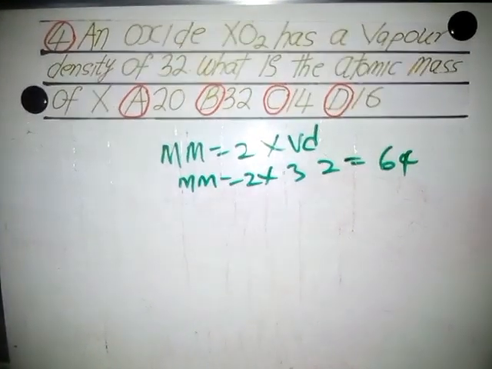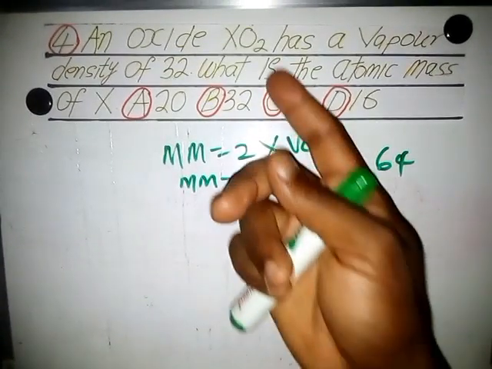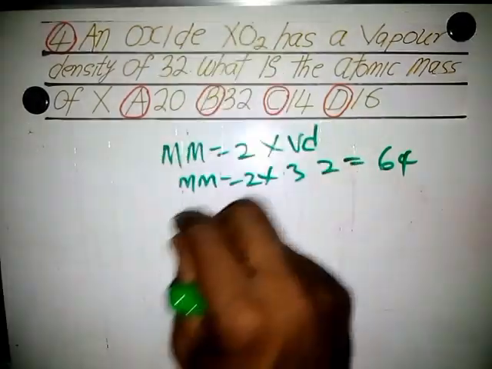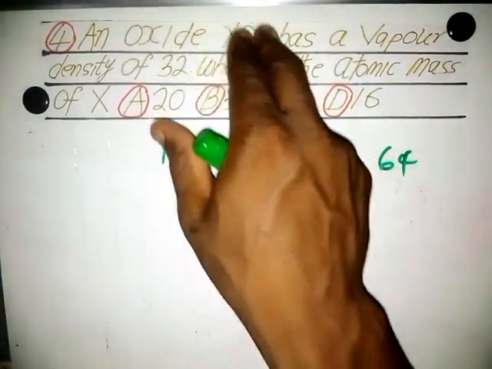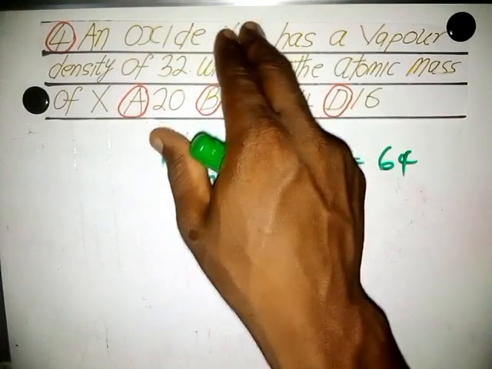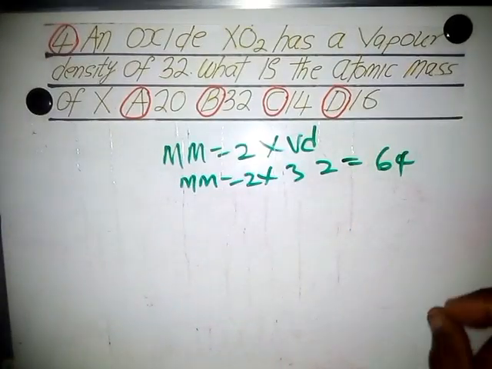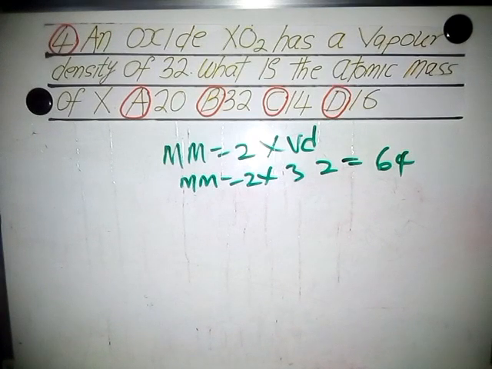When you are given something like this, and they ask you to calculate anything here, the first thing you have to do is equate this formula to the molecular mass. Molecular mass is the summation of the masses in a compound.